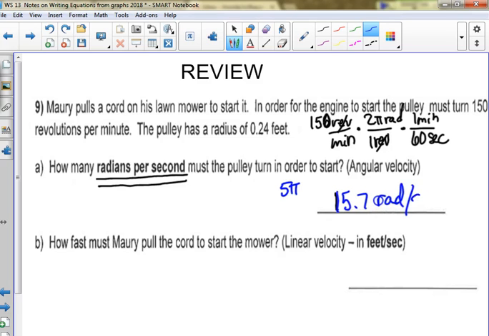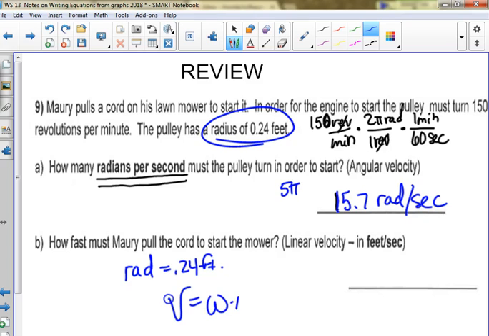Radians per second. Okay. How do you change to linear? It says the pulley has a radius of 0.24 feet. Once you know angular, all you have to do is multiply by the radius, right?